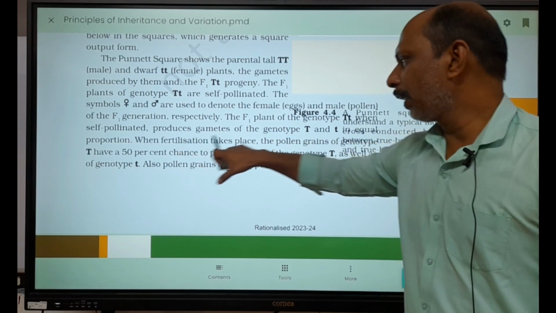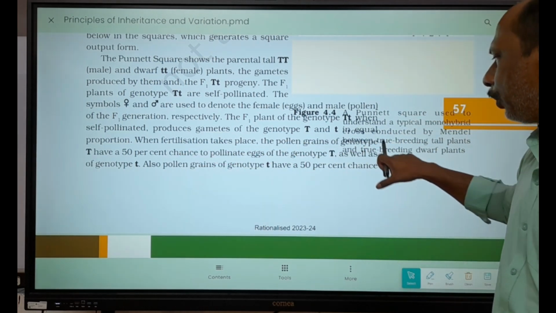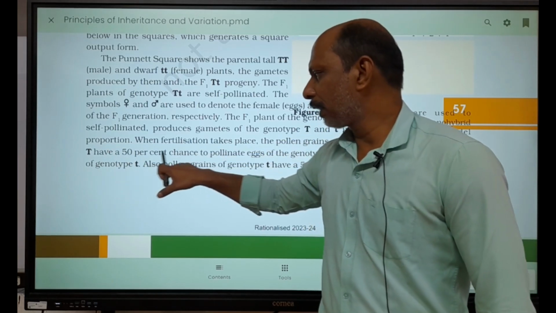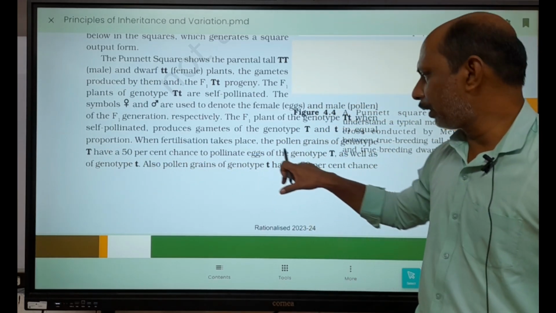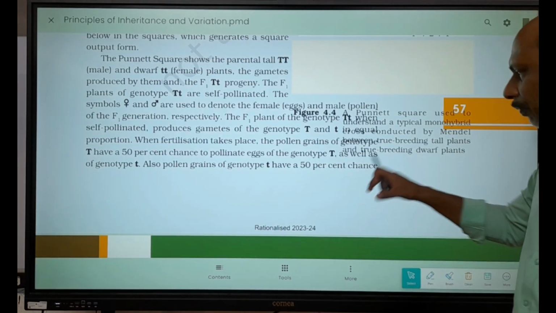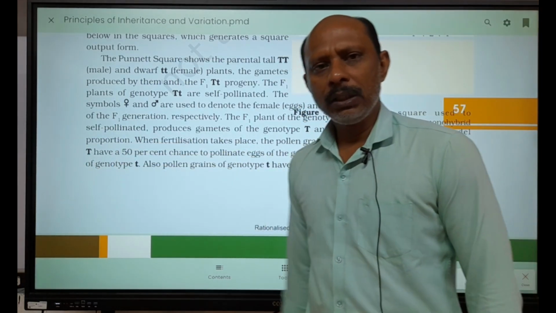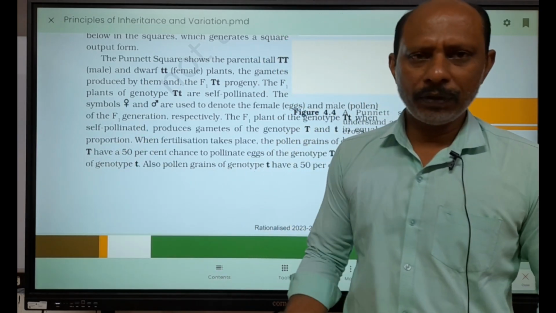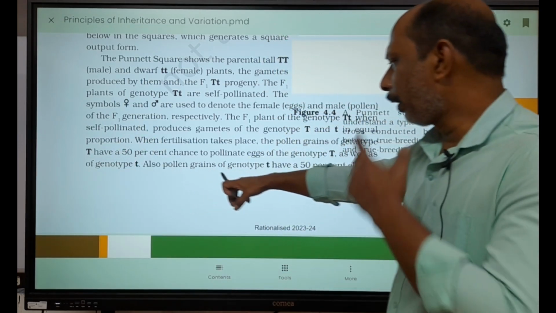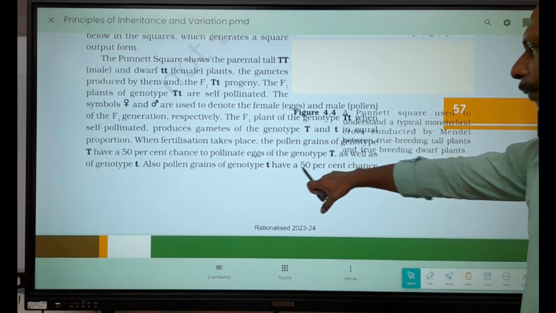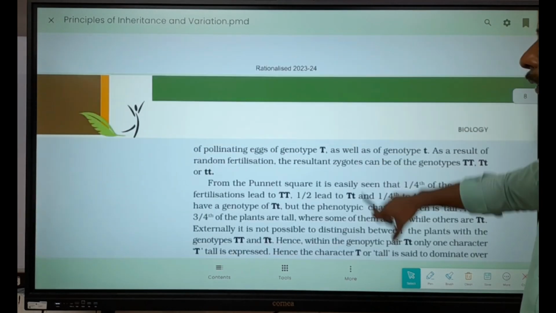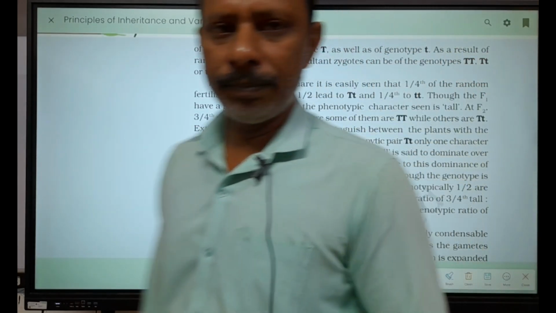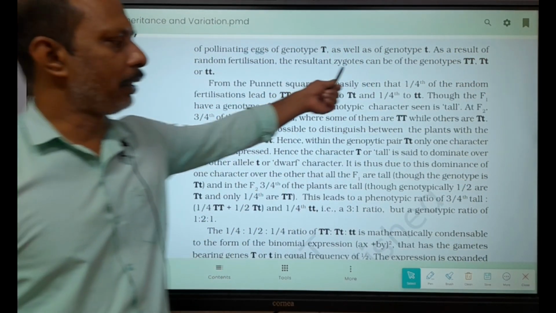When fertilization takes place, the pollen grain of genotype capital T has a 50% chance of pollinating an X of genotype capital T, as well as a 50% chance of genotype small t. Also, pollen grains of genotype small t have a 50% chance of pollinating an X of genotype T, as well as genotype small t.